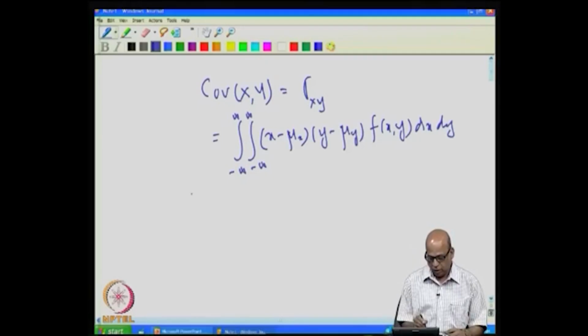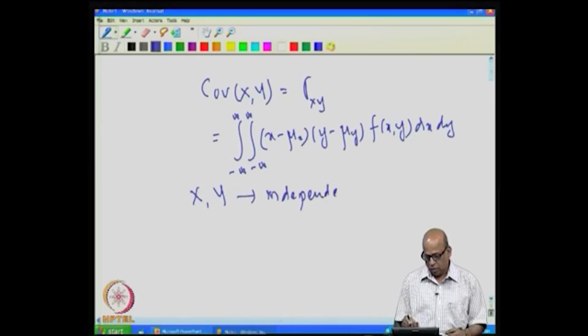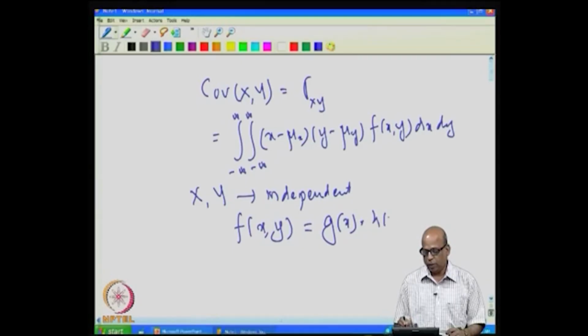Now, if x and y are independent random variables, what is the property of stochastic independence? Recall that when x and y are independent, your joint density function f of x y will be equal to the product of the marginal density functions, that is g of x into h of y. So, we use this result and write f of x y as g of x into h of y in this expression.